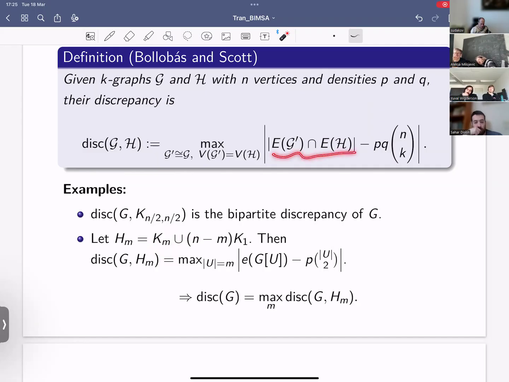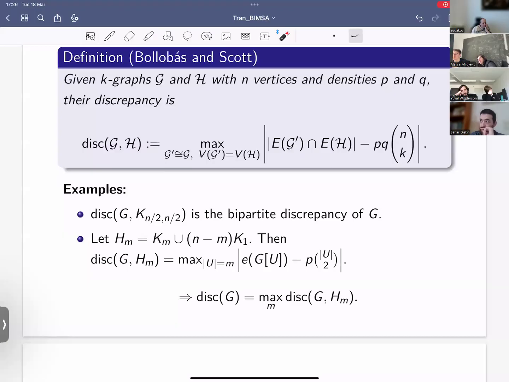And so this will become the number of edges in G induced by the vertices of K_m. And the second term, pq times n choose 2, becomes p times m choose 2, because q times n choose 2 is the number of edges of S, which is m choose 2.